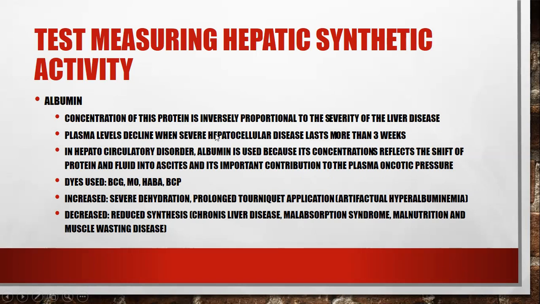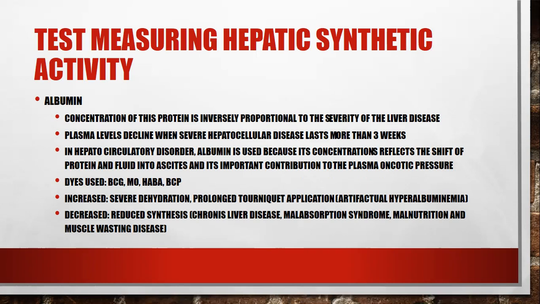Plasma levels decline when severe hepatocellular disease lasts more than 3 weeks. And in hepatic circulatory disorder, albumin is used because its concentration reflects the shift of protein and fluid into ascites and its important contribution to plasma oncotic pressure.